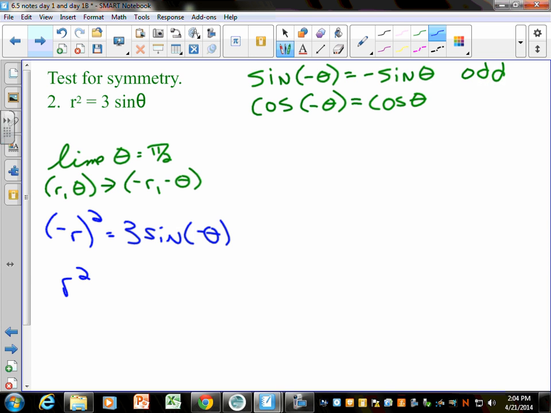It's just positive r squared. But over here, because sine is actually odd, that's going to change to negative 3 sine of theta. If it was symmetric about this line, I should get back what I started with. Did I get back what I started with? No. So I would say, no, it is not symmetric with the line theta equals pi halves.